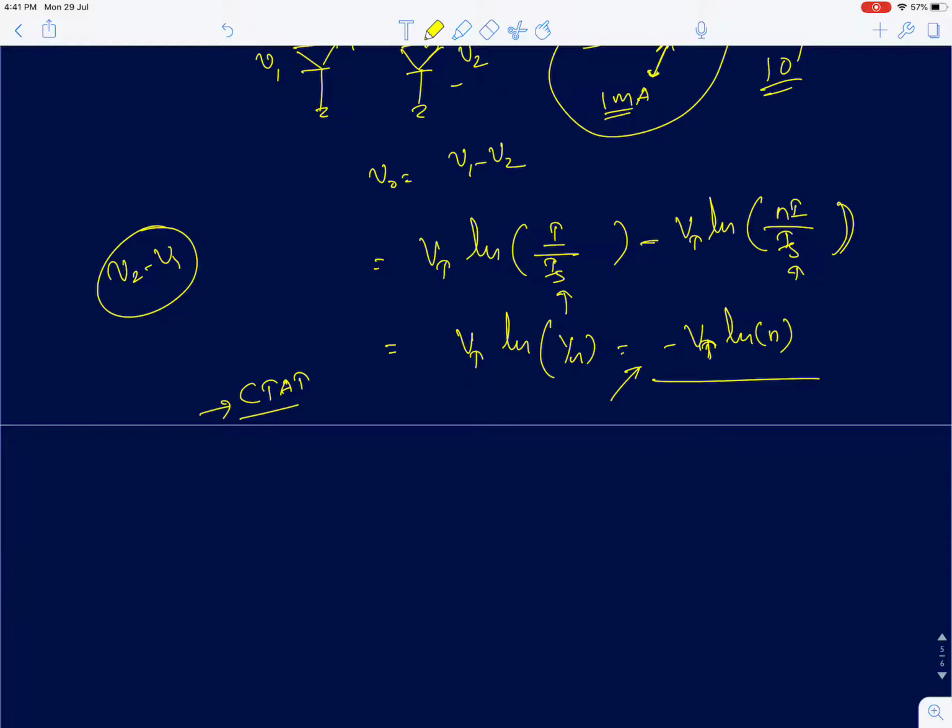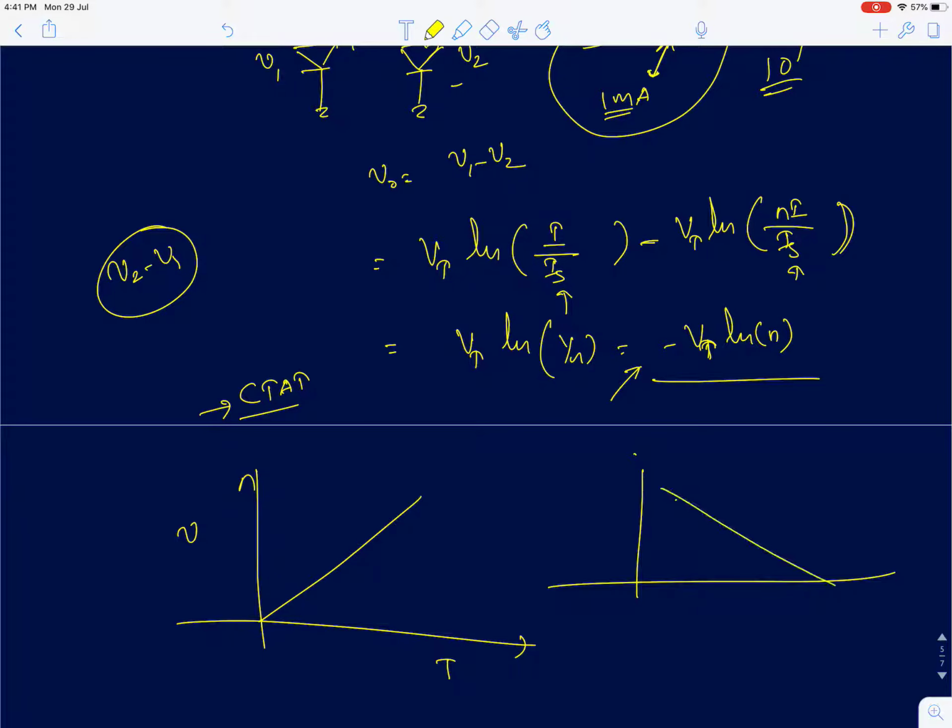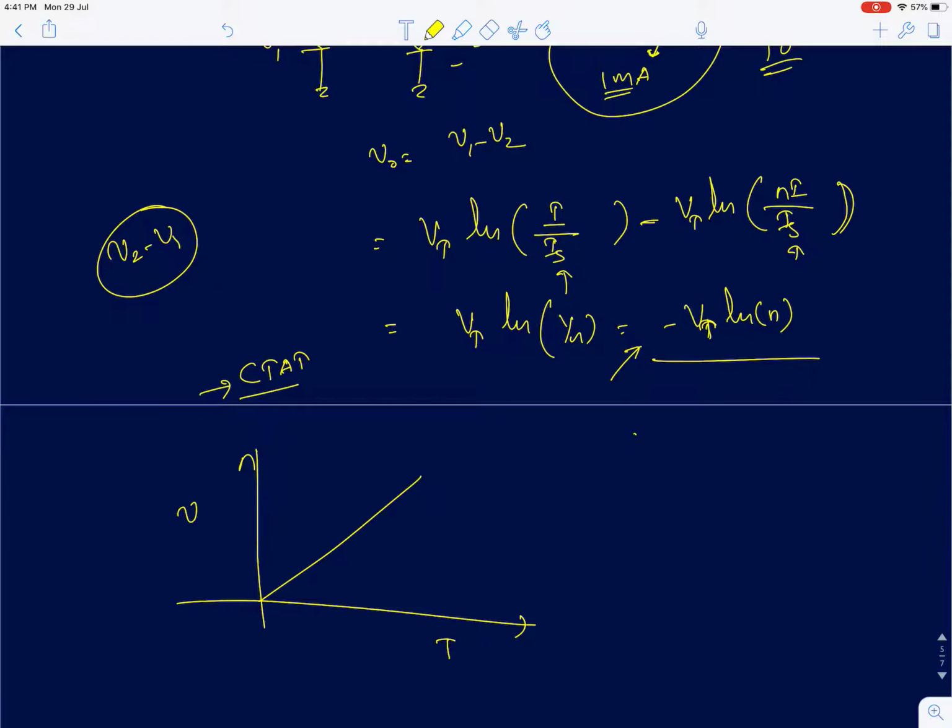So in the first problem which I discussed, the voltage across the diode would increase linearly with temperature. In this case, the voltage will decrease linearly with temperature. In fact, I should show it properly because it's negative: it starts from 0 Kelvin and then reduces linearly like this.